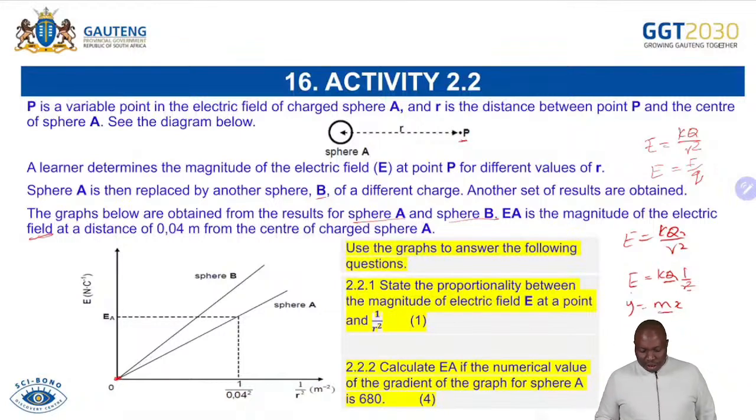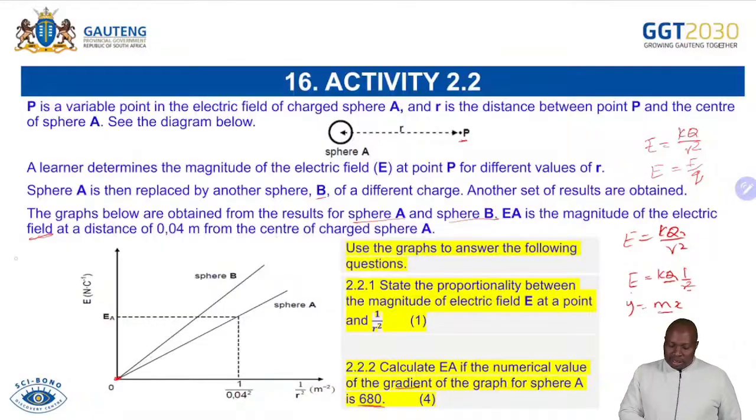And then the next question, which I want you to do, is to calculate the electric field for sphere A if the numerical value of the gradient of the graph for sphere A is 680. So I will give you just 3 minutes, but the main thing that I want you to remember is gradient.